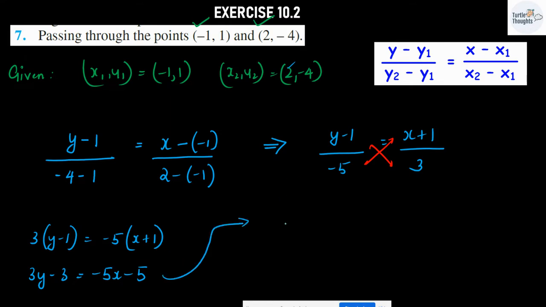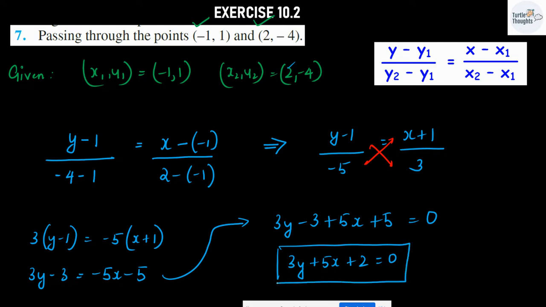So I will be ending up with 3y minus 3 plus 5x plus 5 is going to be equal to 0. So I can write the equation as 3y plus 5x plus 2 is going to be equal to 0. This is the final answer.